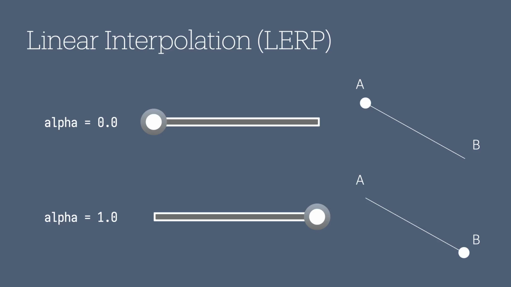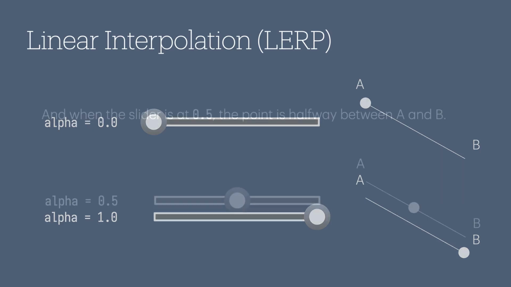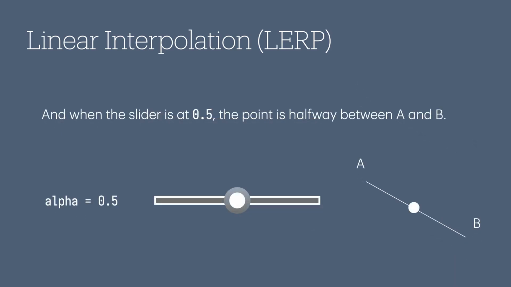So a linear interpolation moves a point between two positions by following a line to get from A to B. And alpha tells us how far along the line we currently are. If the slider is placed at alpha equals 0.5, then the point will be 50% of the way along the line between A and B.